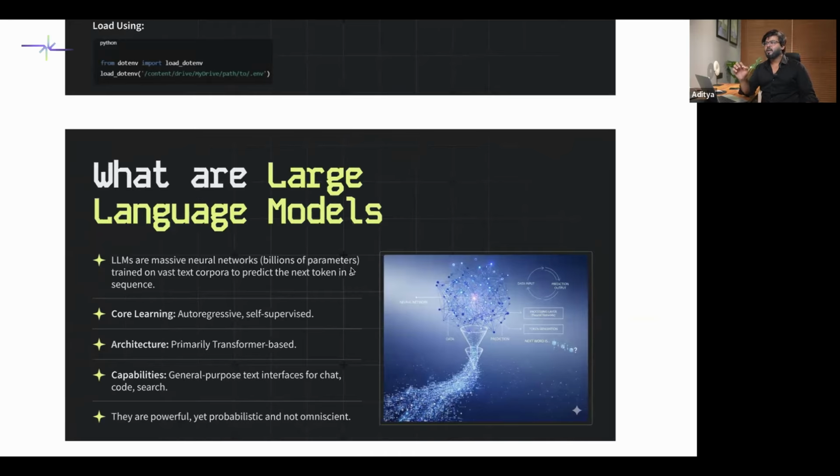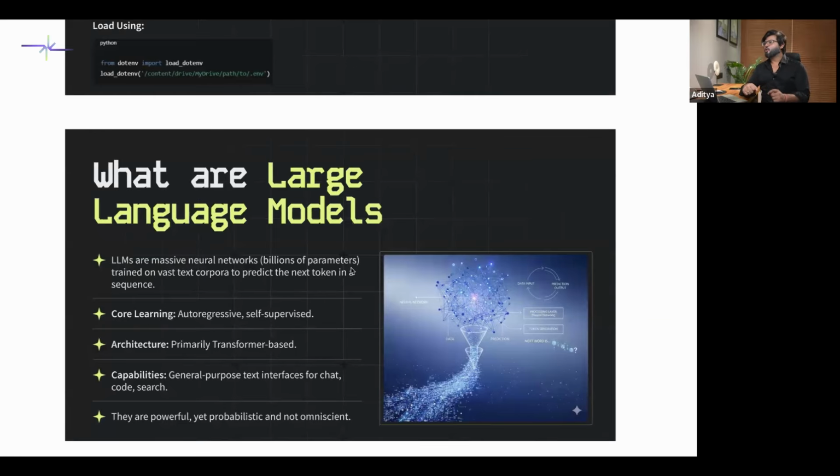It's important to know: trained on a huge amount of text, and the objective is to predict the next word or token in a sequence. That is it. For example, given some text, the model guesses what comes next. That's it. It learns grammar, facts, reasoning patterns, and style from the training data.